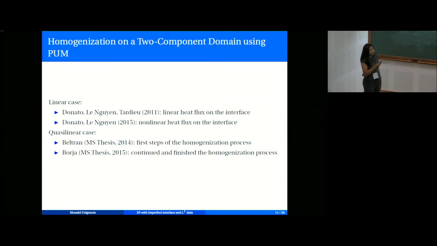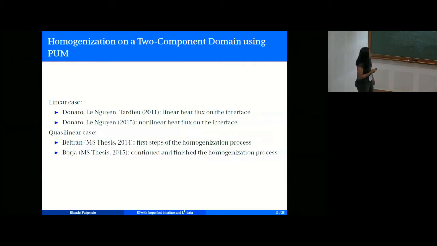While the homogenization on a two-component domain using the periodic unfolding method was presented first by Donato, Le Nguyen, and Tardu with linear heat flux, that is, the flux is proportional to the jump.